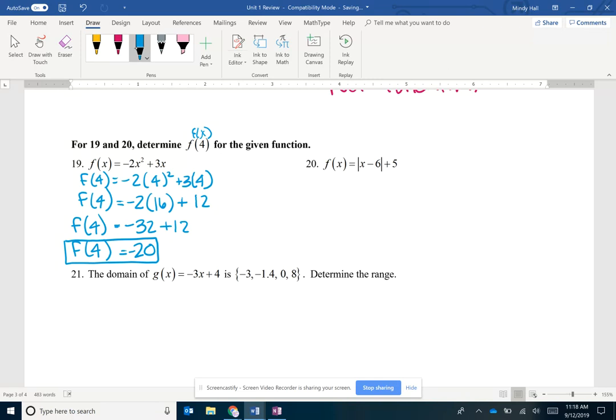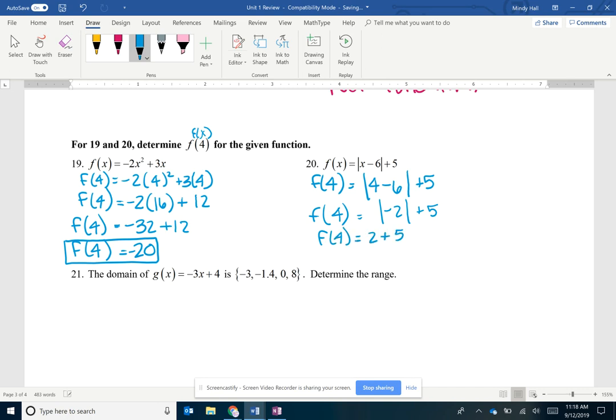Okay? So if I do f of 4 over here, it's going to look slightly different because it's a different equation. Oops, absolute value, not a parenthesis. I hate when the computer lags. There it goes. Okay. So then 4 minus 6 is -2, but it is inside of absolute values, which means it's going to be a +2.